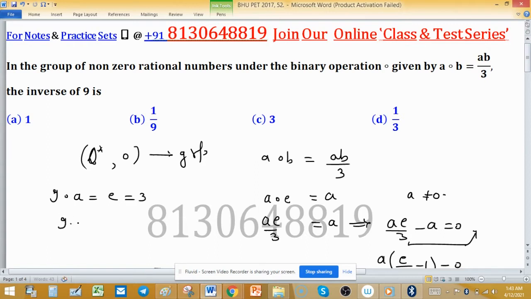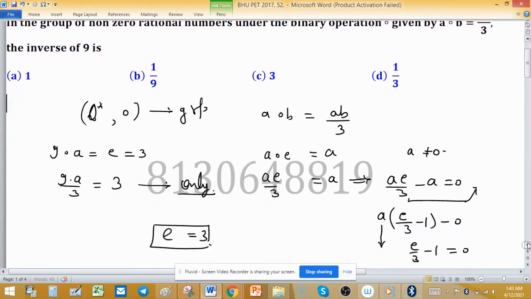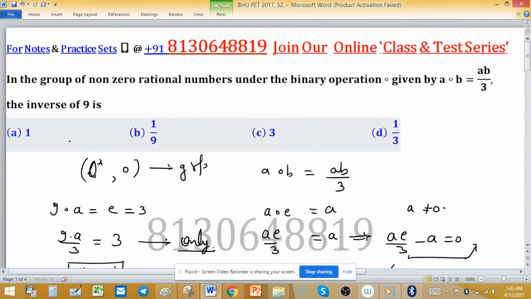So 9 times a divided by 3, by the defining property of the binary operation, will return 3. Because these are only rationals, we can transpose and apply mathematical operations here. So a is 1. So the inverse of 9 is 1, which means option A is correct.